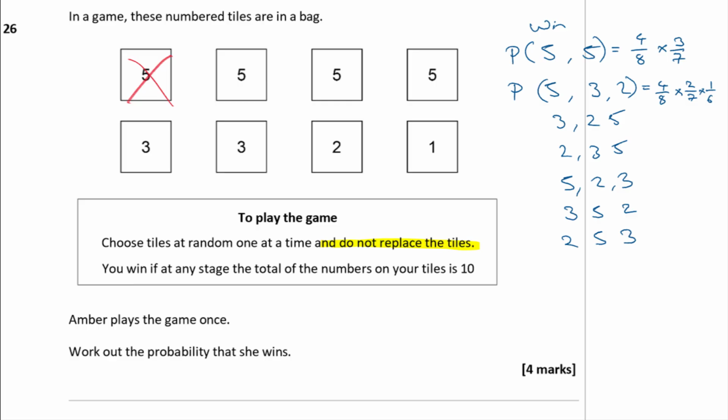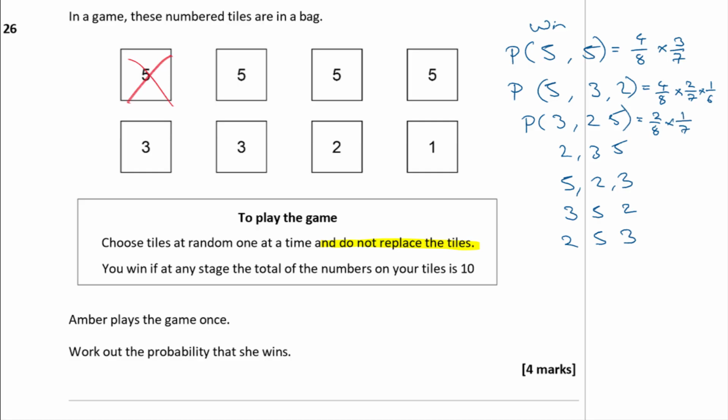Now, do I need to work out all the various probabilities of everything after that point? Not really, because think about the probability of getting a 3, a 2, and a 5. The fractions are different. The probability of getting a 3 on the first selection is 2 out of 8. A 2 on the second selection, there's 1 out of 7.